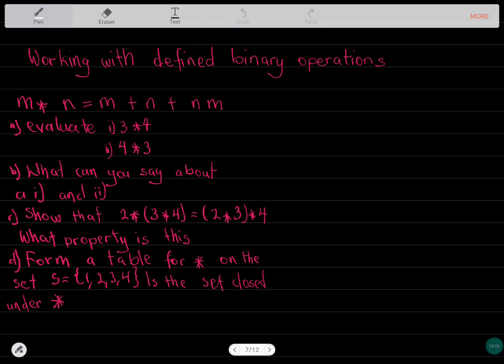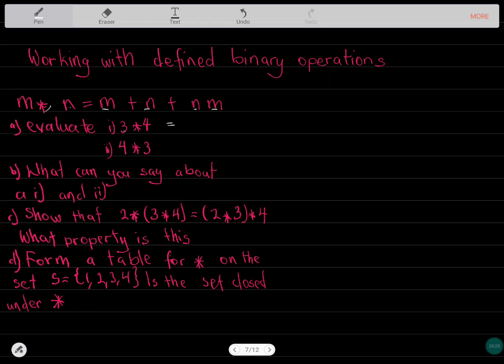We are being told that m star n is solved in the form m plus n plus nm. This is multiplication, that is n multiplying m. In other words, whatever value m and n is, once they are using the operation star, we first have to add them, then add their product to them. And we've been asked to evaluate 3 star 4.